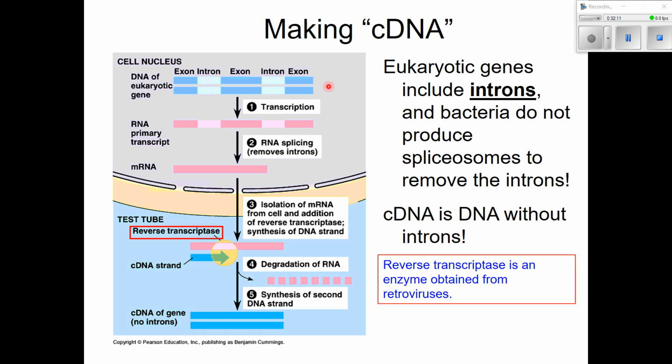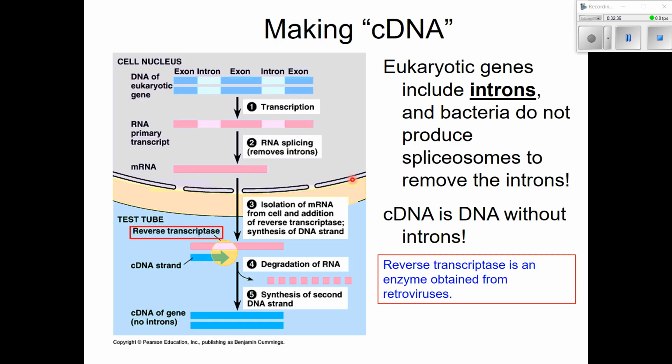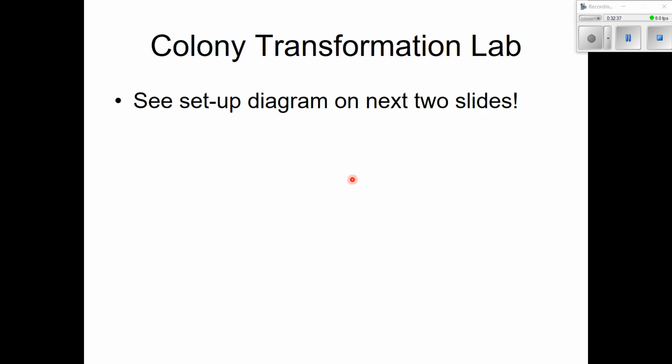It's the same gene that we started with up here, but minus the introns. It no longer has introns. And so now we can take that cDNA version of the gene and insert that into the plasmid. And the bacteria will be able to transcribe it and translate it with no problem, because the introns have been taken out. Pretty cool.